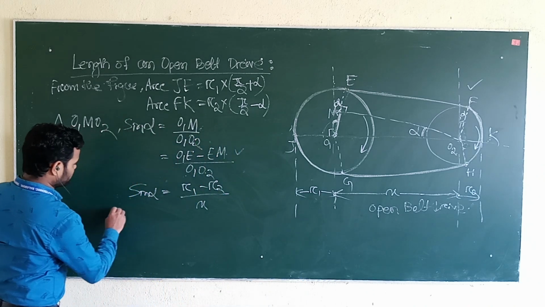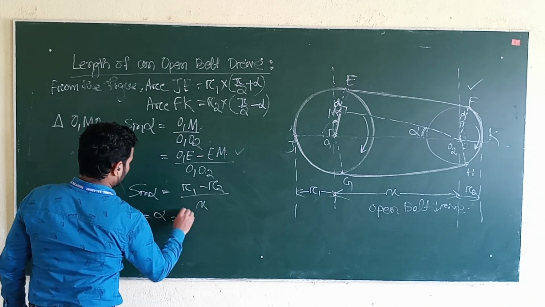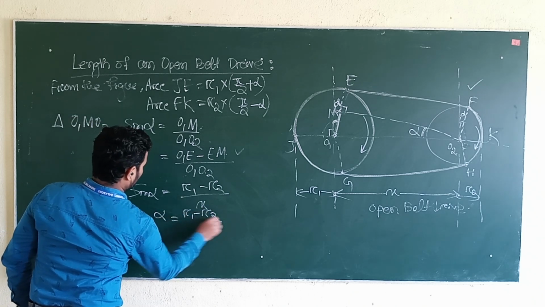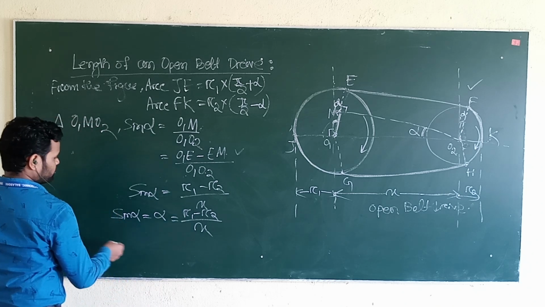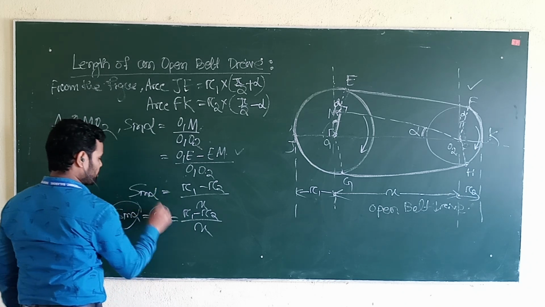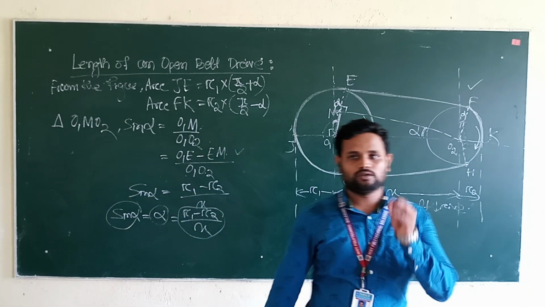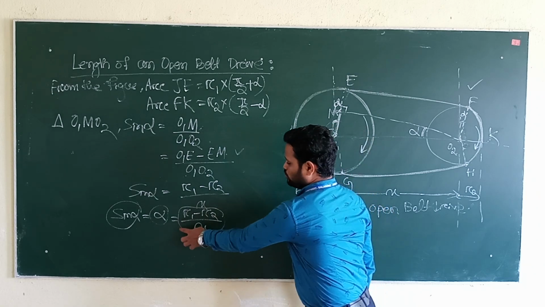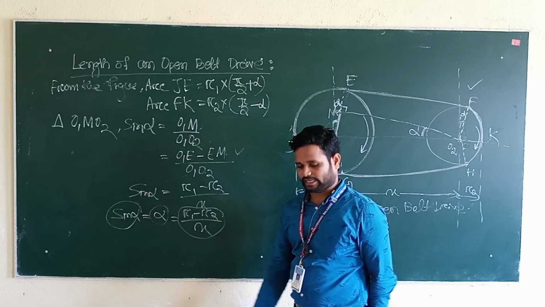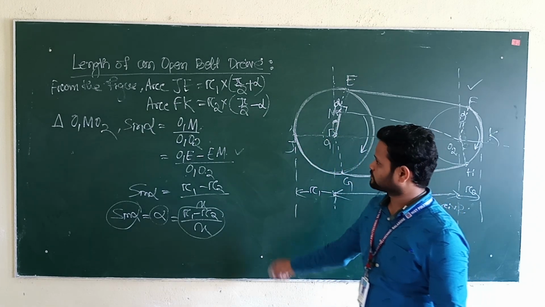So here we will write sin alpha equal to alpha equal to R1 minus R2 by X. So in place of sin alpha, you can write alpha, and in place of alpha, you can write R1 minus R2 by X. So remember that alpha is equal to R1 minus R2 by X. Make a note. Then we will derive.